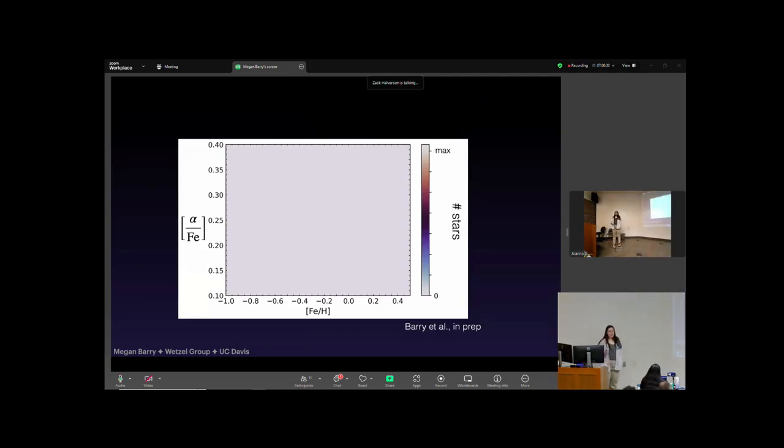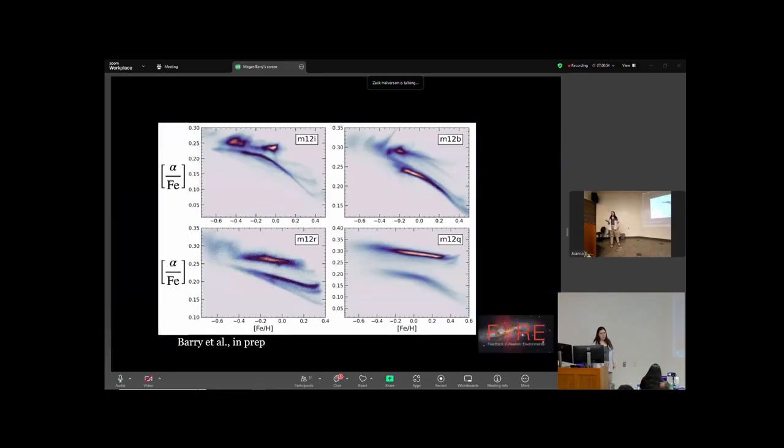All right, so let's take a look at what a FIRE simulation looks like in this space. So this one does look like what we expected based on our simple assumptions. Some of them do follow that more basic pathway.